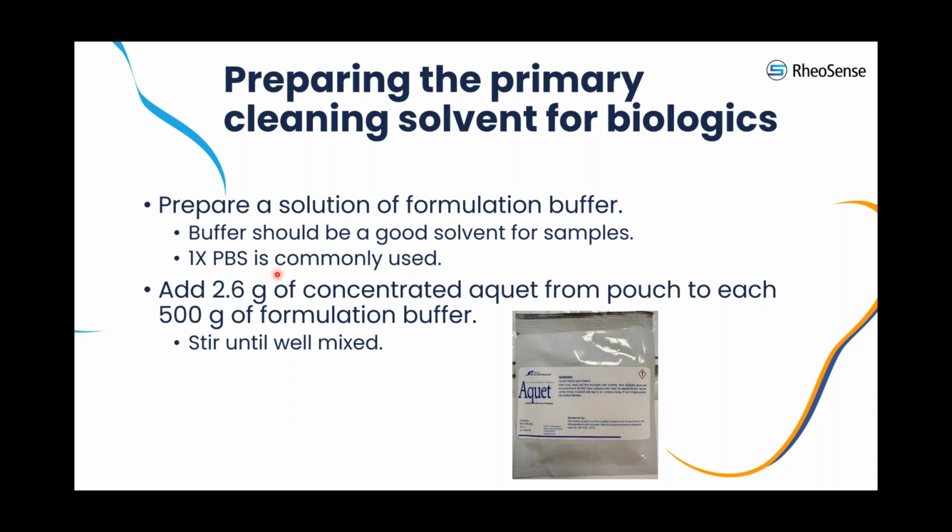So now when we have that buffer prepared, we simply add about 2.6 grams for every 500 grams of buffer. And this is 2.6 grams of concentrated aqua from the pouch. You stir up this mixture until it's well mixed, and that's it. This will give you a primary solvent that consists of your formulation buffer with 1% aqua.